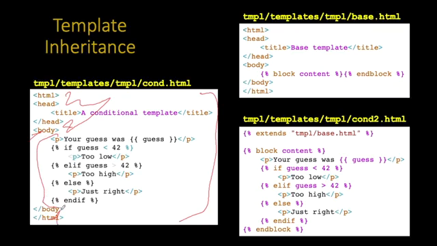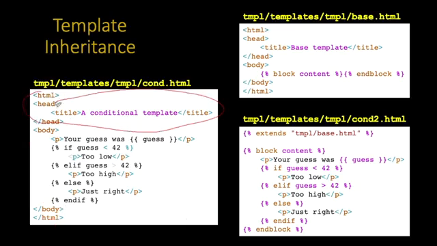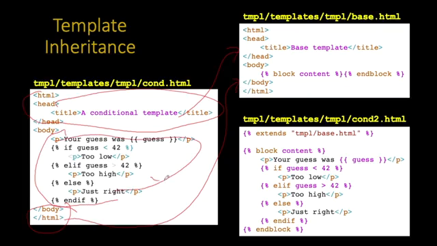So what we basically then do is we take parts of this, like the repeated parts, and we put it into a template. And then we take the part that we're going to change every time and we put it into a template that then extends. So see, this one here has one line that says extends temple-base.html. So this one uses everything in here but then adds some stuff.